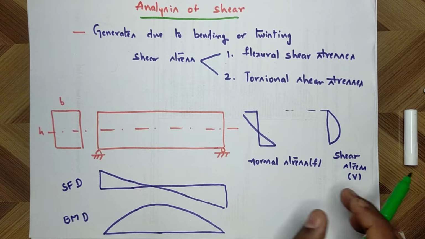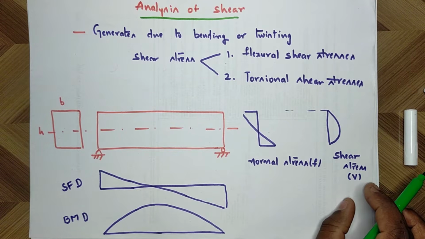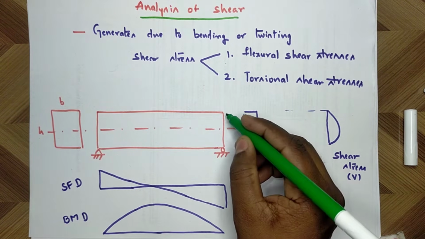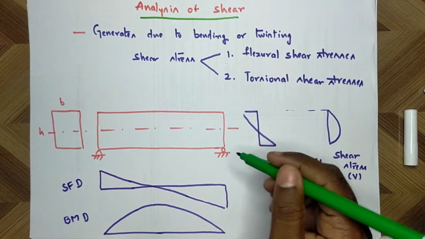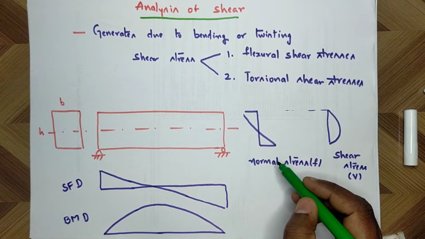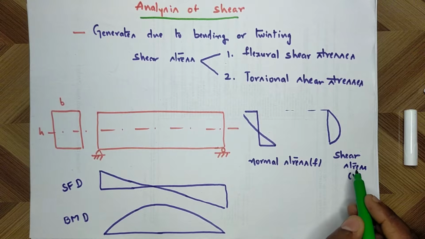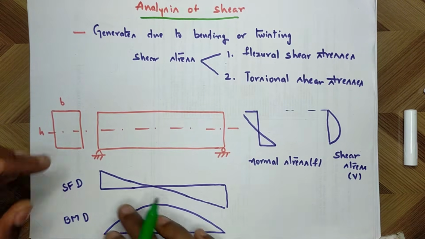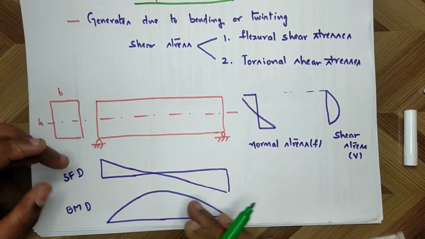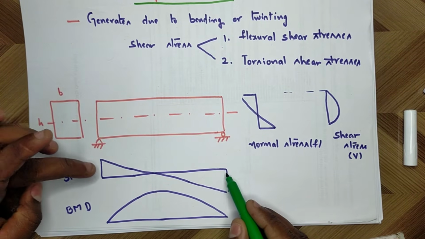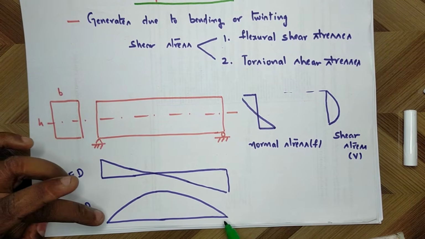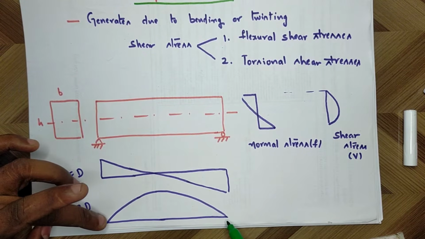One is the normal stress, another one is shear stress. Across the section, means across the depth, normal stress may vary and shear stress may vary, and along the length also shear stress may vary and bending moment also may vary.